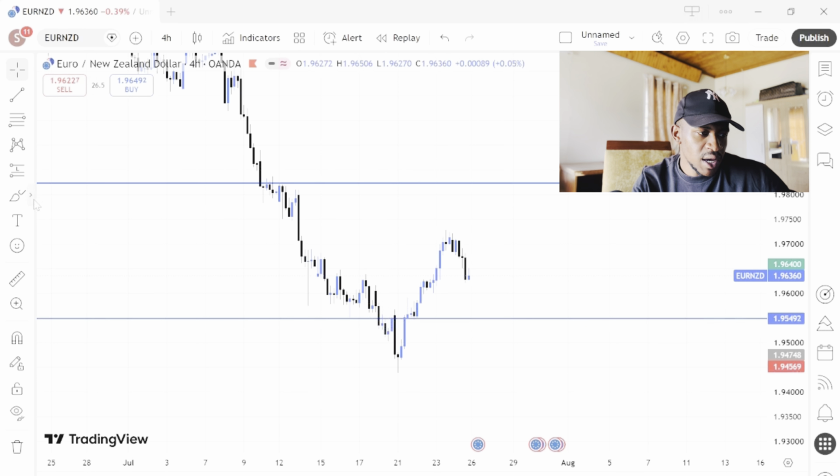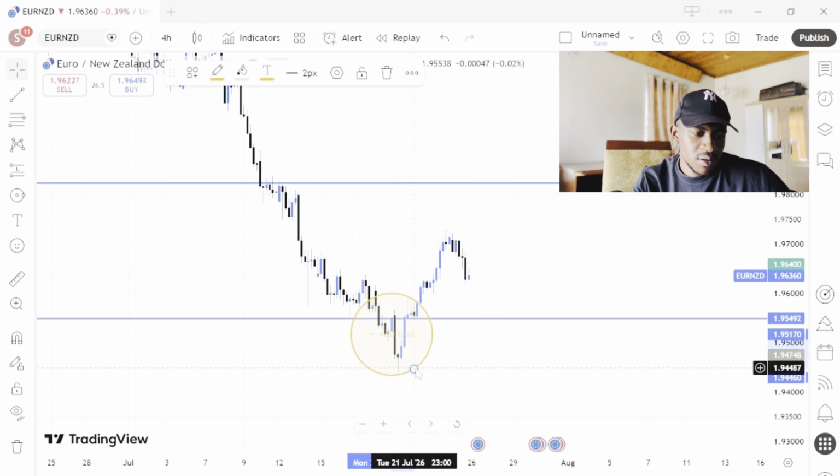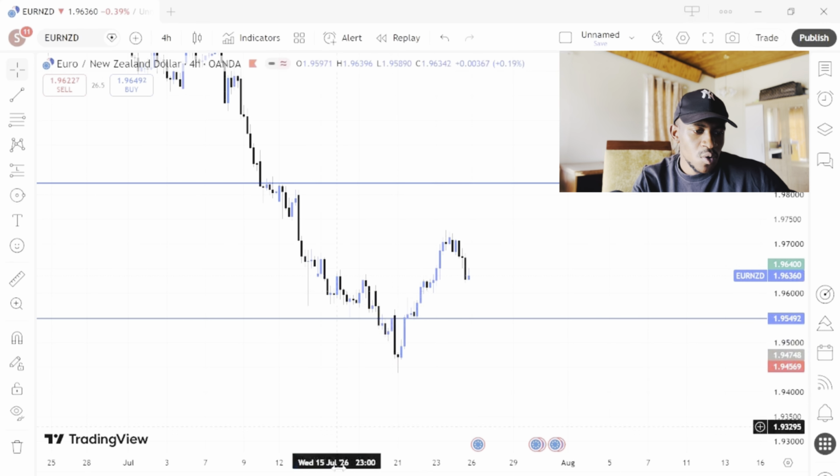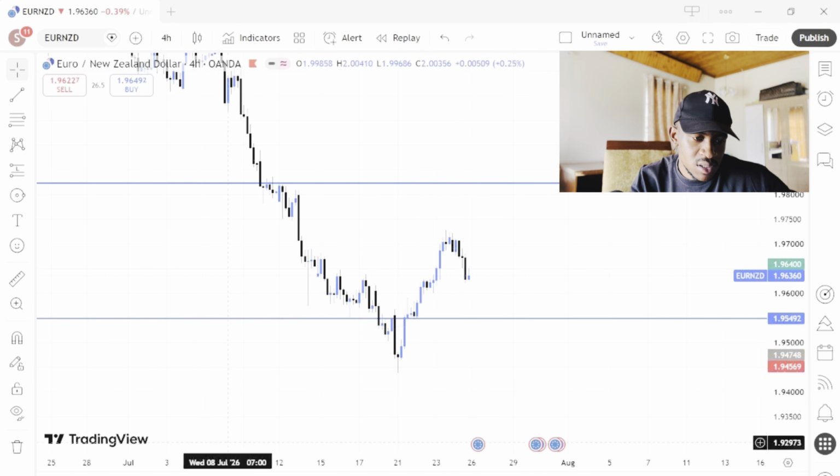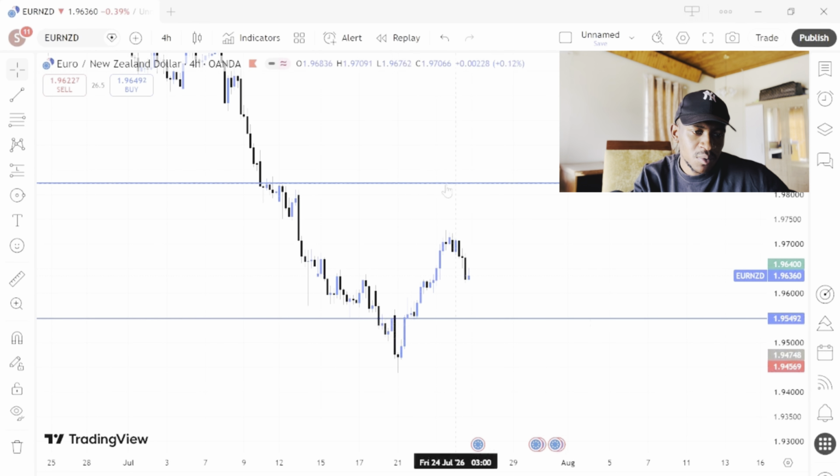So we had a sweep right over here, right? We get this sweep. So yeah, here's the theory. We sweep the weekly low, we target the weekly high. We sweep the weekly high, we target the weekly low, right? So here, as you can see, we sweep the weekly low, meaning we're targeting these highs, right?